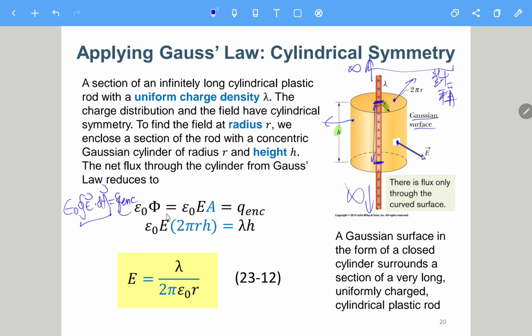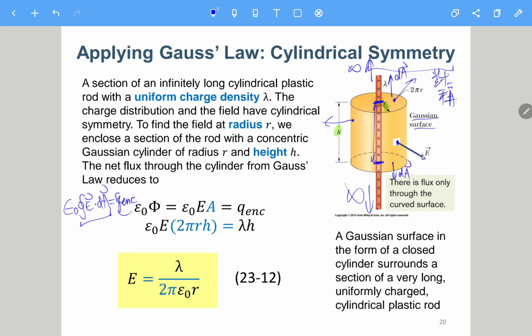Next, this is a cylinder, so there are three faces. For the top face and bottom face, you can clearly see that, as this is symmetric, the E field should be in the radial direction. For the top face, dA is pointing upward, and for the bottom face, dA is pointing downward.